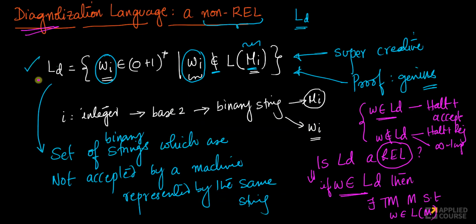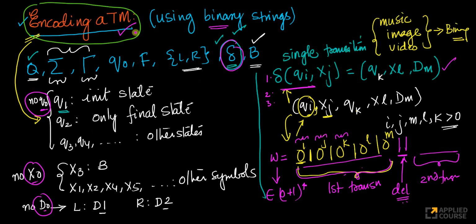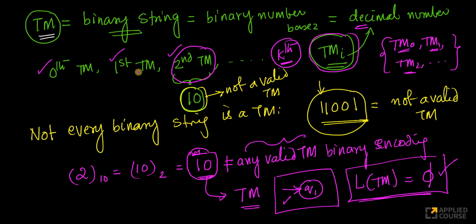That's what we learned in the previous video: when we encoded a Turing machine, given any Turing machine, I can represent it as a binary string. Which means given any Turing machine in the world, there is an integer corresponding to it, based on this logic wherein I convert the Turing machine into a binary string. I can do this for every Turing machine.